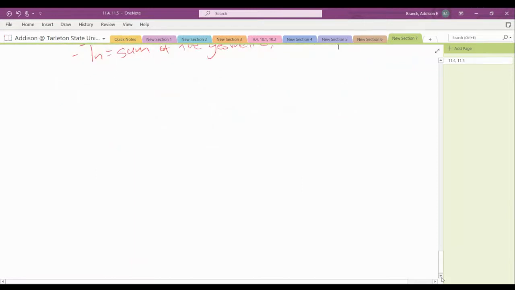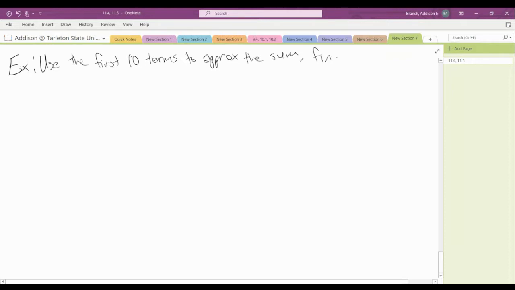But we're going to go ahead and do an example, just working with this a little bit. So what we want to do is use the first 10 terms to approximate the sum and find the error of that approximation.